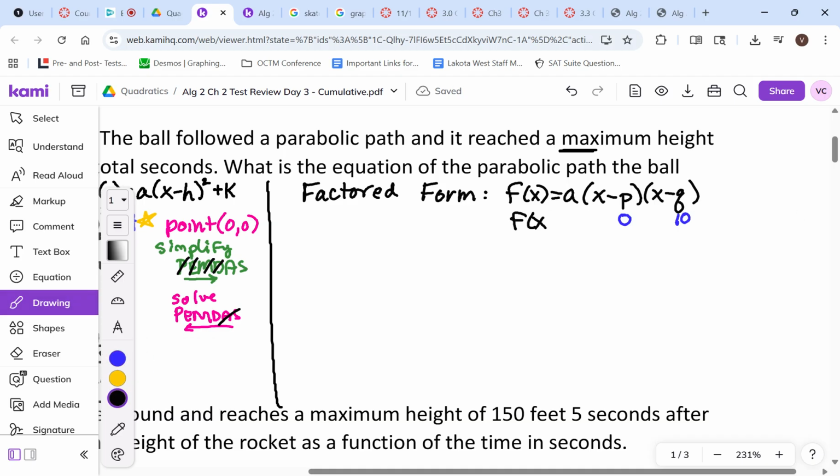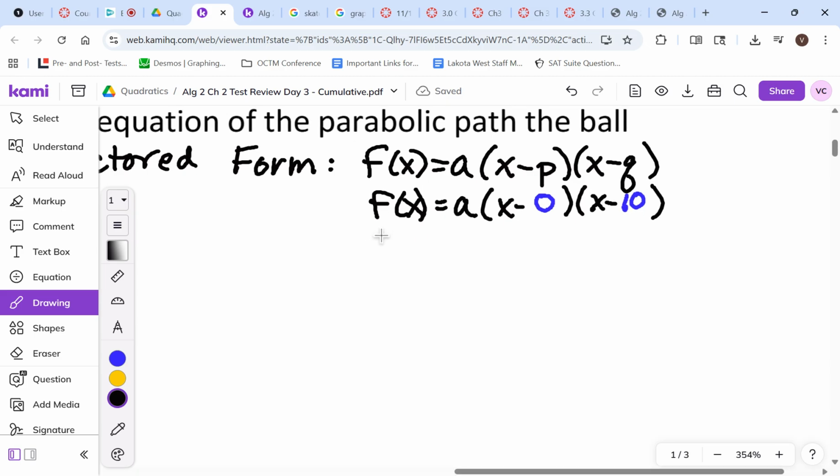So I'm going to have f of x equals a, x minus 0, x minus 10. And anytime I have x minus 0, I don't need the x minus 0, I just need the x. So I'm just going to simplify that a teeny tiny bit. So this is our equation so far.